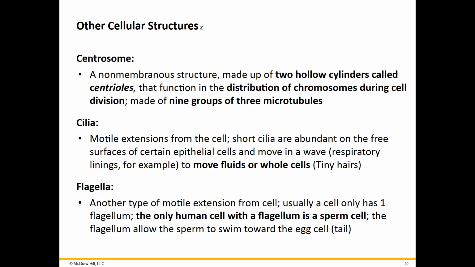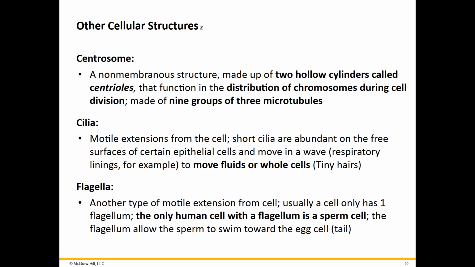Centrosomes. We'll talk more about this when we get to cell division because they play a big role in it. A centrosome is a structure made up of two hollow cylinders called centrioles. One centrosome has two centrioles, and it has to do with the distribution of chromosomes during cell division.